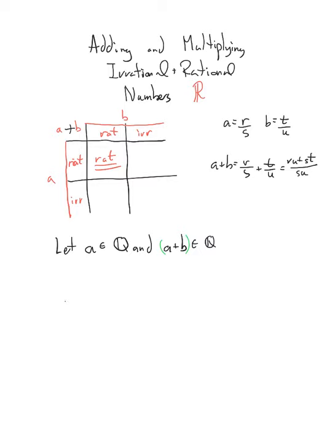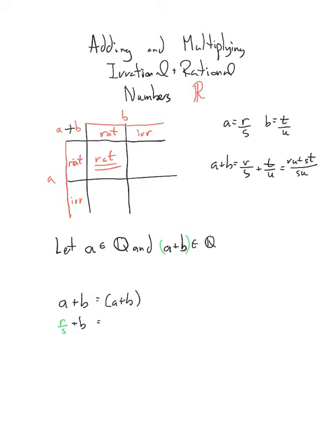So I know A plus B is the number A plus B. So A I want to write as a fraction. Let's call it R over S. And we don't know what B is, but I know A plus B is a fraction.